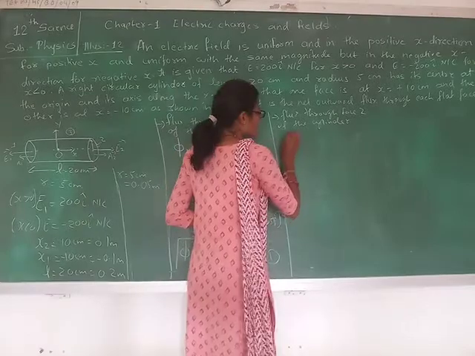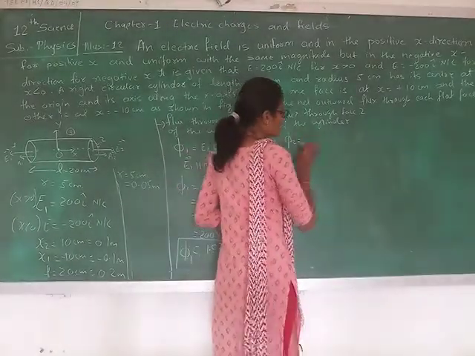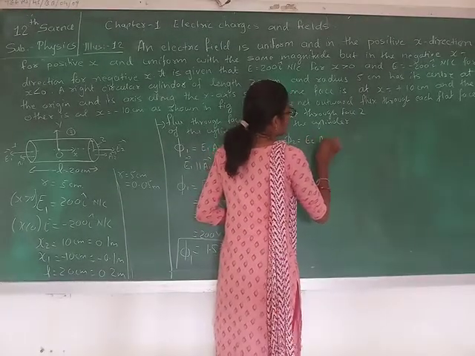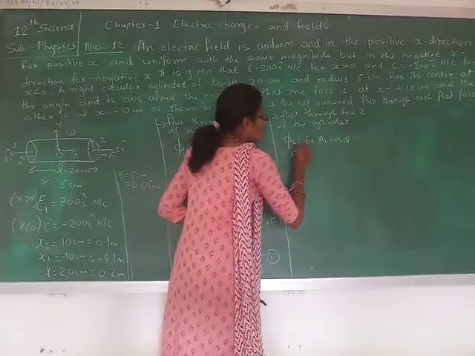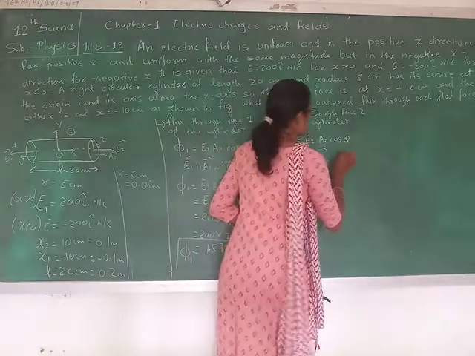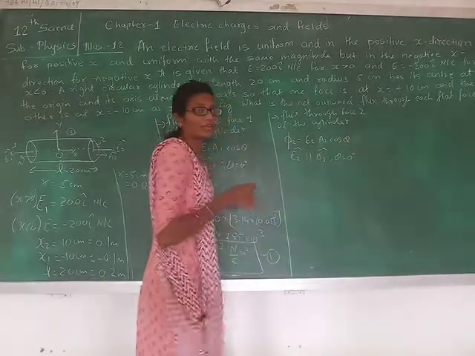First of all, let us write the general formula. Flux is E A cos theta. Here we are denoting phi 2 for phase 2, E2 A2 cos theta. Again here E2 vector is parallel to A2 vector, so theta equals 0 degrees. Cos 0 will be 1.